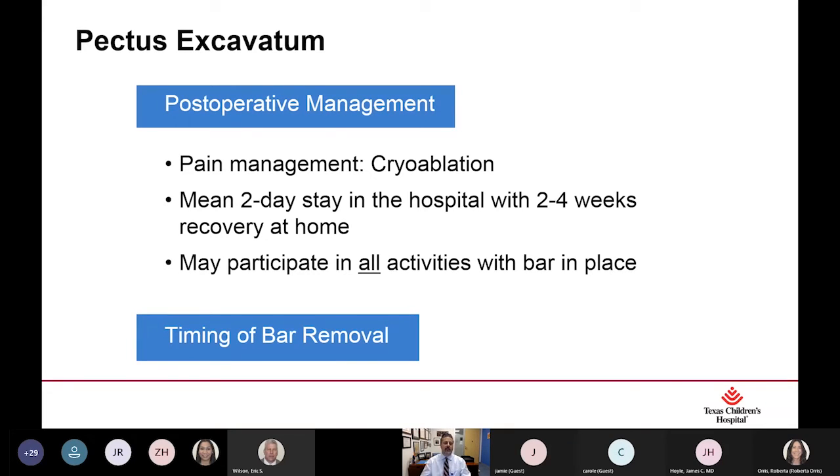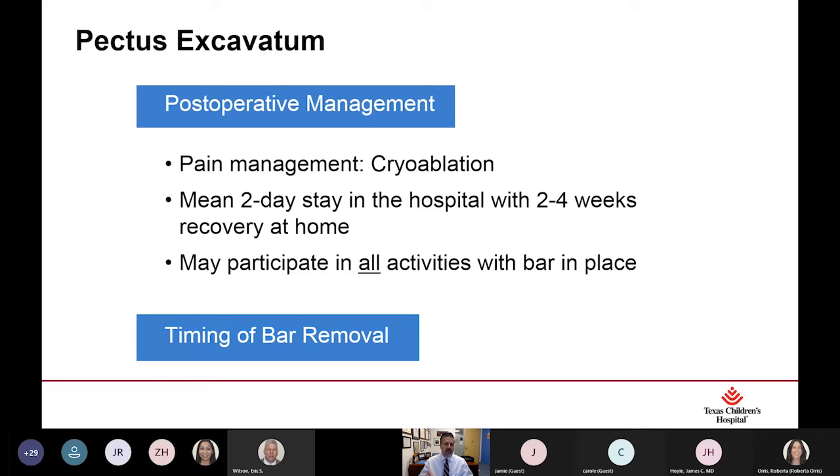It's called cryoablation. And I'm going to talk about that a little bit next. It's allowed us to keep our patients in the hospital for only about 2 days, and they recover a few weeks at home. When they're fully recovered, they can participate in all activities with the bar in place.